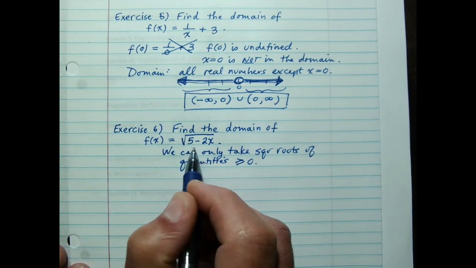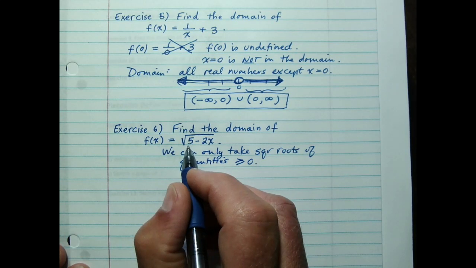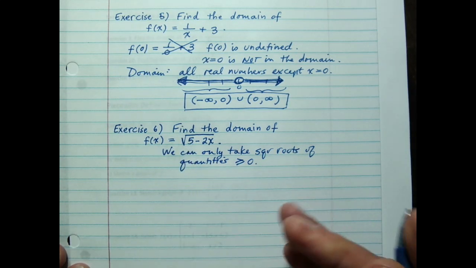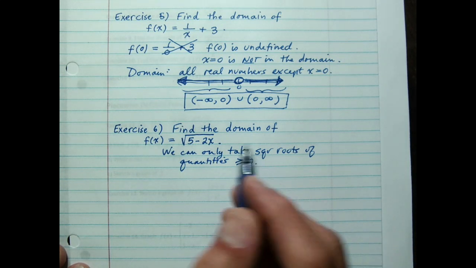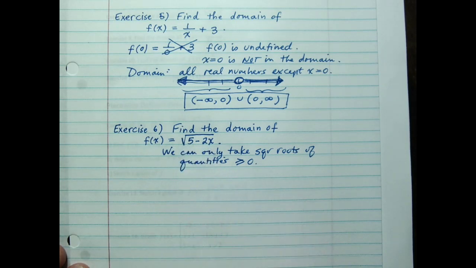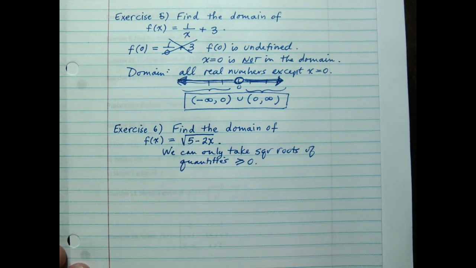Because if I try to take a square root of a negative number, there's no such real number, right? That the function value is undefined. So the kind of trouble here is we got to make sure our domain does not include any values of x for which we'd be trying to take a square root of a negative.